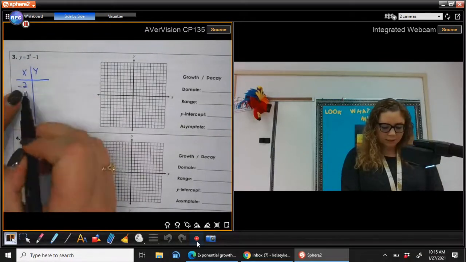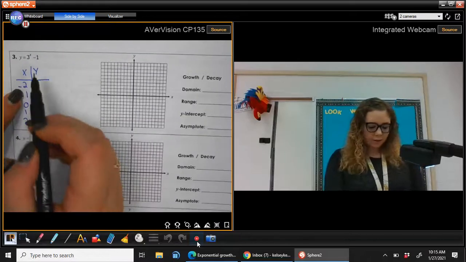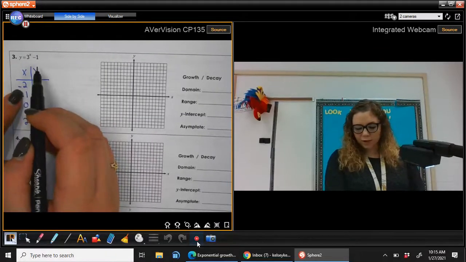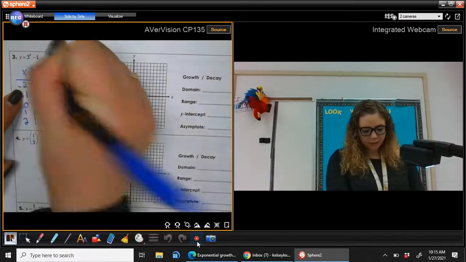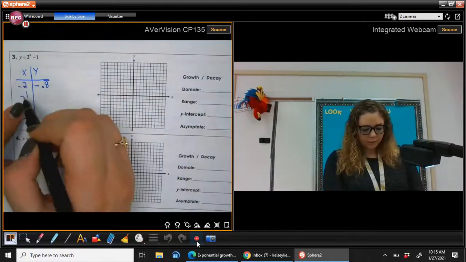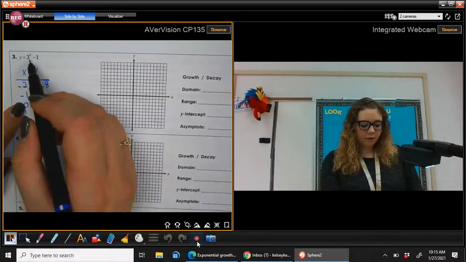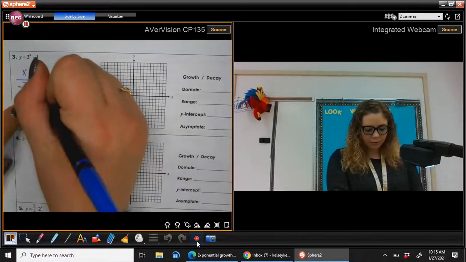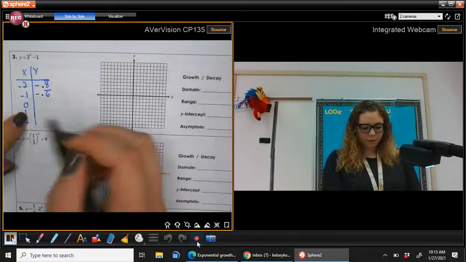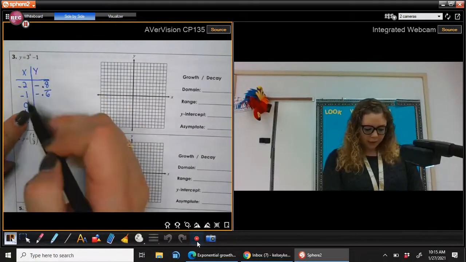Okay, plug negative 2 in for x. So 3 to the negative 2 minus 1 is going to give me negative 0.8, and it repeats. Okay, plug negative 1 in up here. 3 to the negative 1 minus 1 is going to give me negative 0.6. Repeat. Okay, plug 0 in for x.